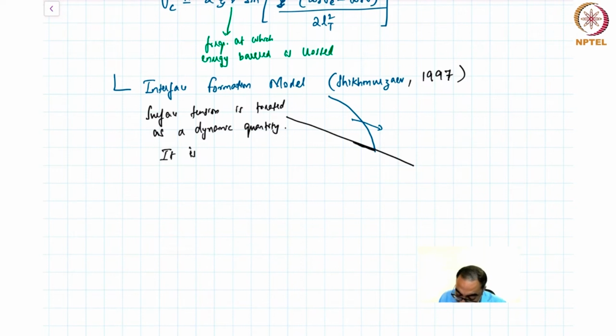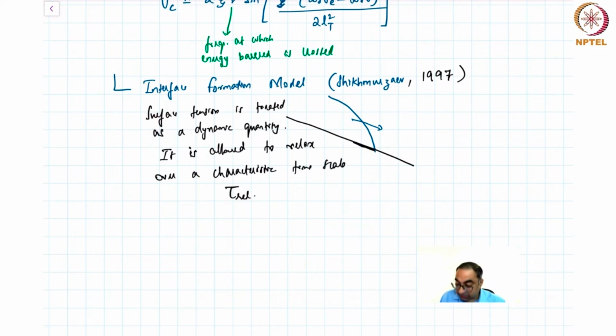It is allowed to relax over some characteristic scale, some relaxation time scale. So in other words, normally what we have done is that surface tension is constant unless it is affected by temperature or surfactants, which leads to Marangoni stress.